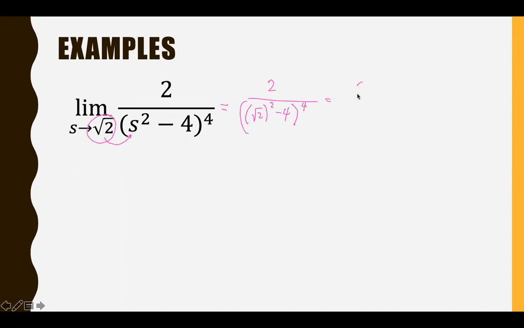If we simplify that, it will be 2 all over, we can cancel, 2 minus 4 to the power of 4. So 2 minus 4 is negative 2 to the power of 4, and negative 2 to the power of 4 is equal to positive 16. So the answer is equal to 1 over 8.